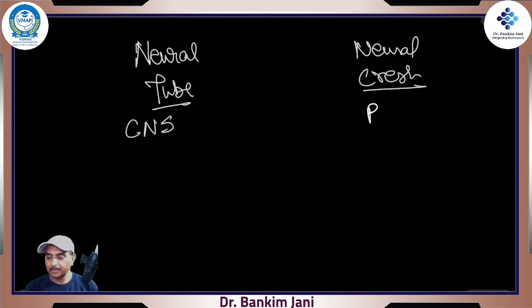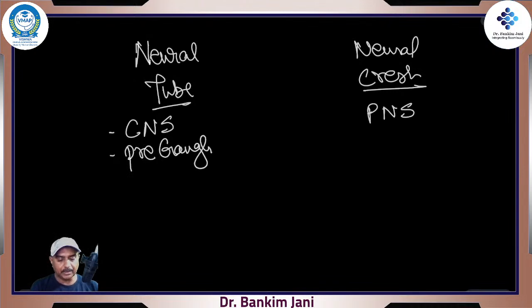CNS, PNS, central nervous system and the peripheral nervous system. Clear? Central nervous system, the preganglionic fibers, they are part of the brain only. So this is before brain. So this is preganglionic fibers, autonomic fibers. We are talking about sympathetic ganglion, sympathetic parasympathetic ganglion.